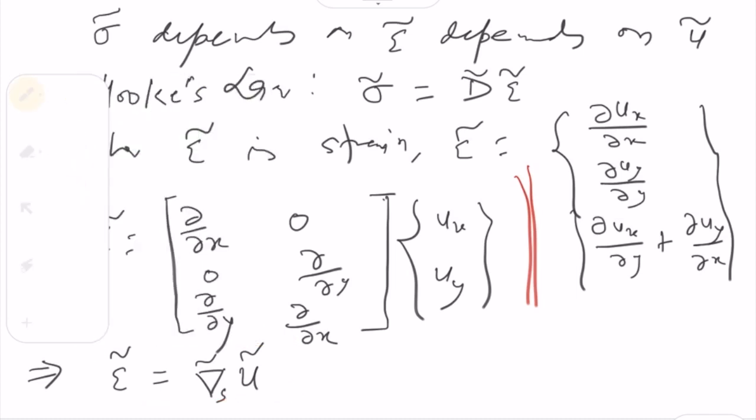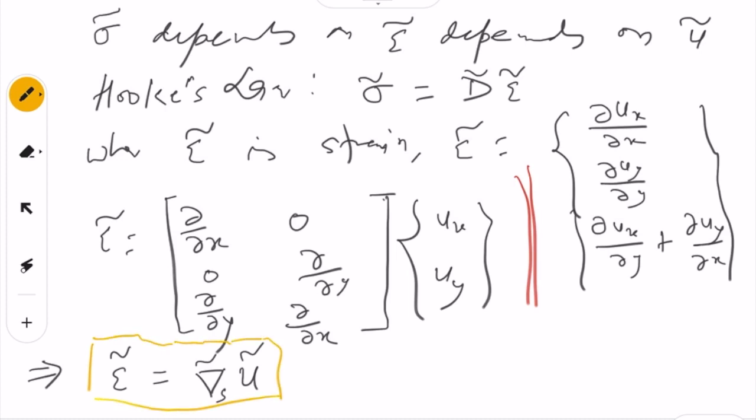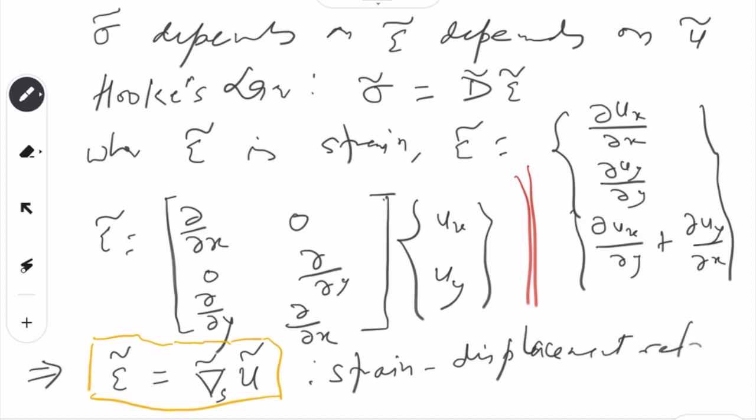Okay. So, we have got this part, how a strain depends on displacement. So, this is called a strain displacement relation, yeah.